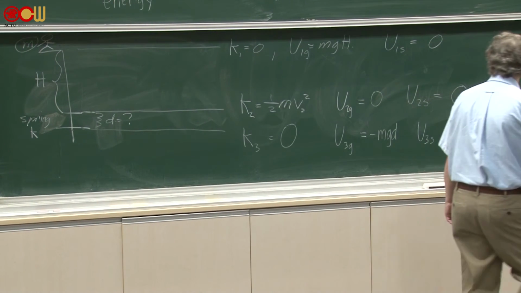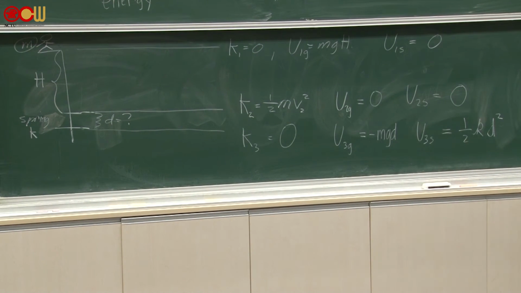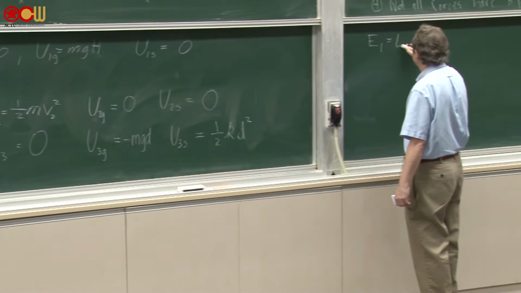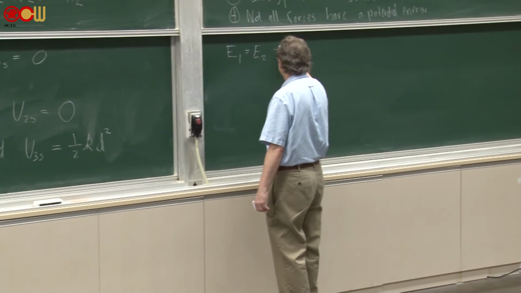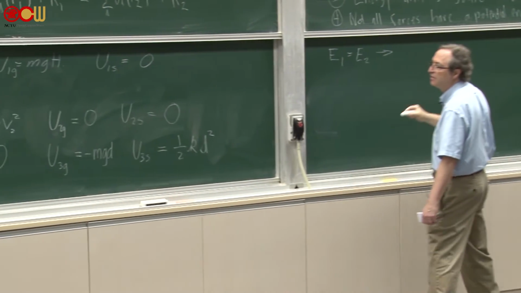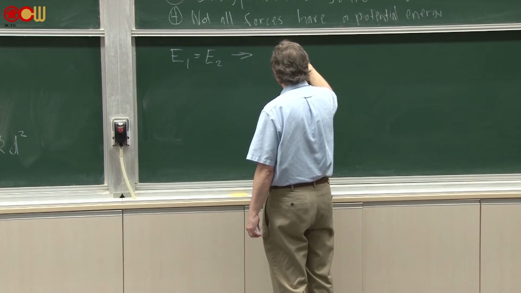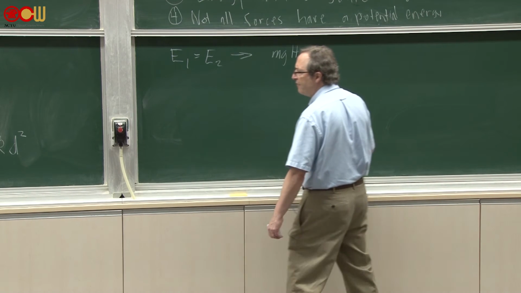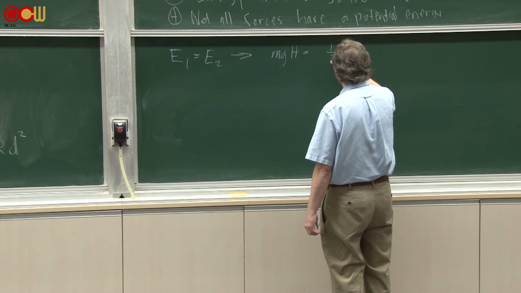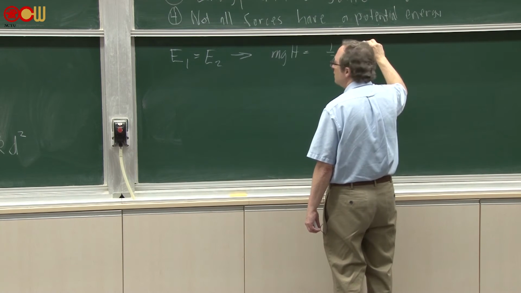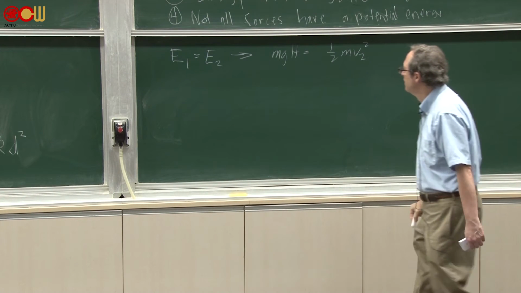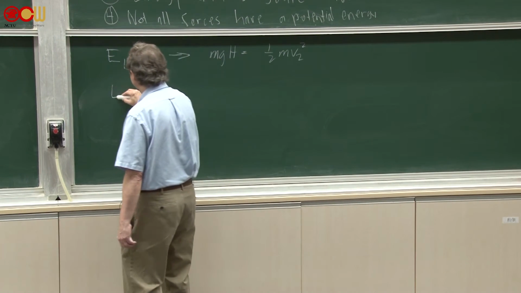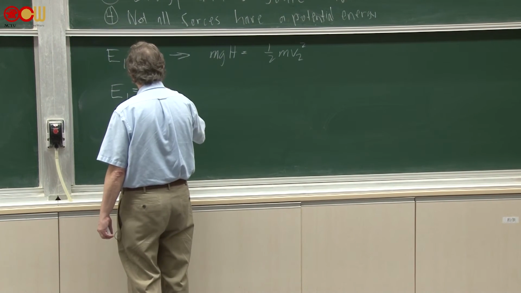So part 4 over there, I could say the energy at 1 equals the energy at 2. So that implies mgh equals 1/2 mv2 squared. And that's it. So I can calculate V2 if I want. I could also say E1 equals E3.